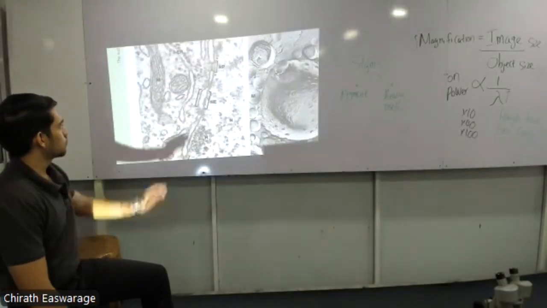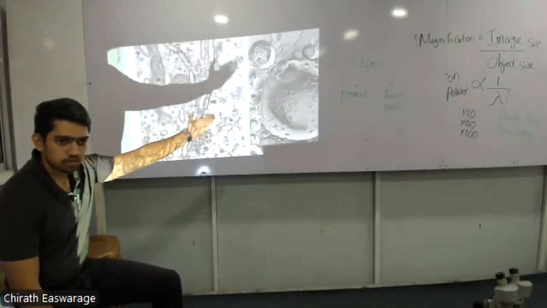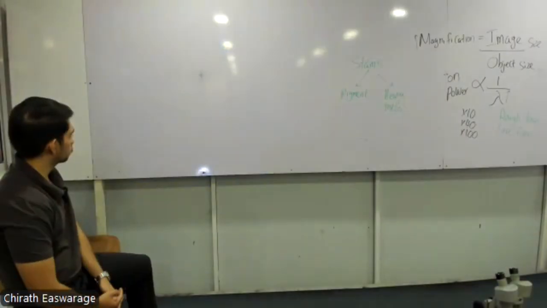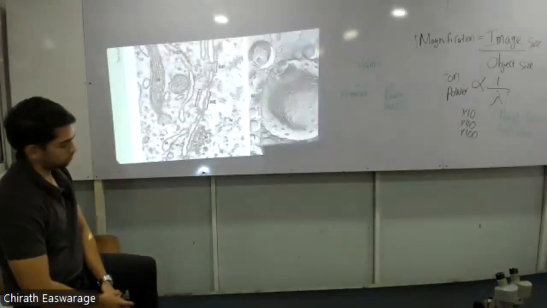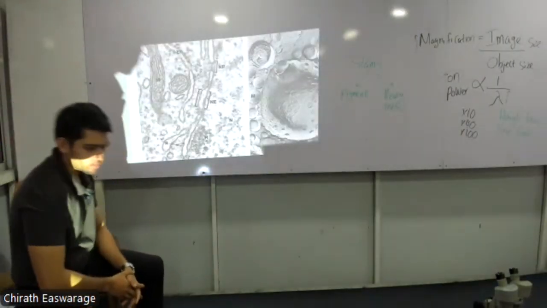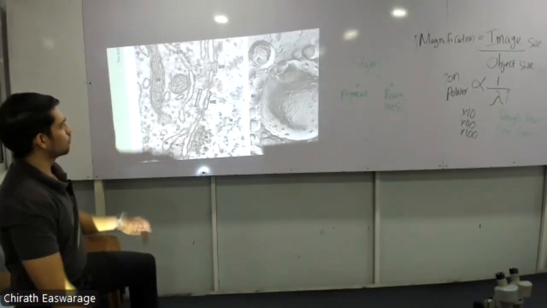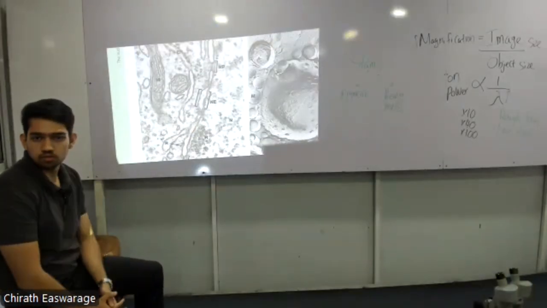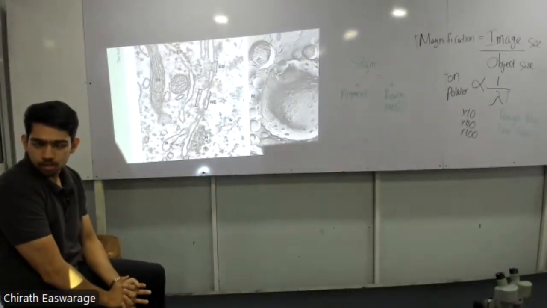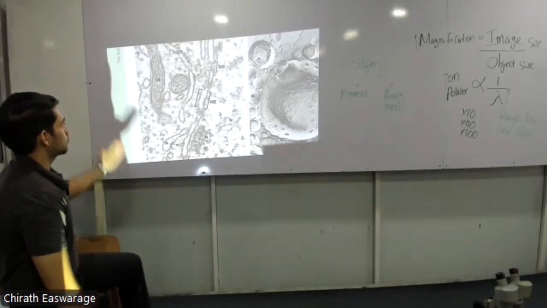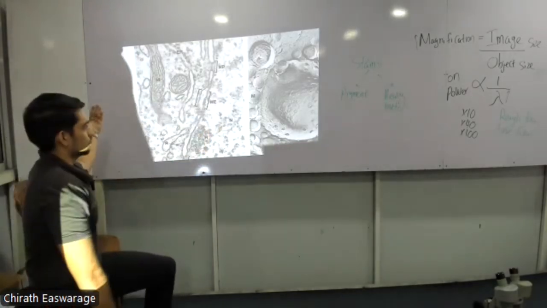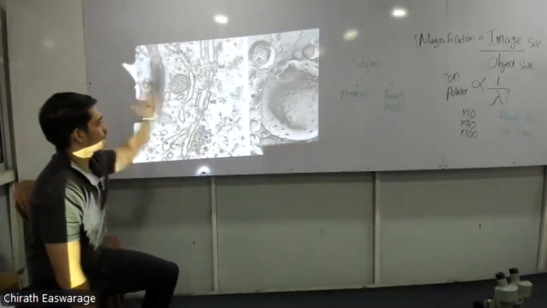This is a transmission electron microscope image. Can you see? This is that same envelope or the membrane. Okay, online students, you can see, yes. This is that same envelope, but observed by what microscope now? This is transmission. Why? Can you see? It is like a sliced view, no? Imagine that membrane has been sliced.